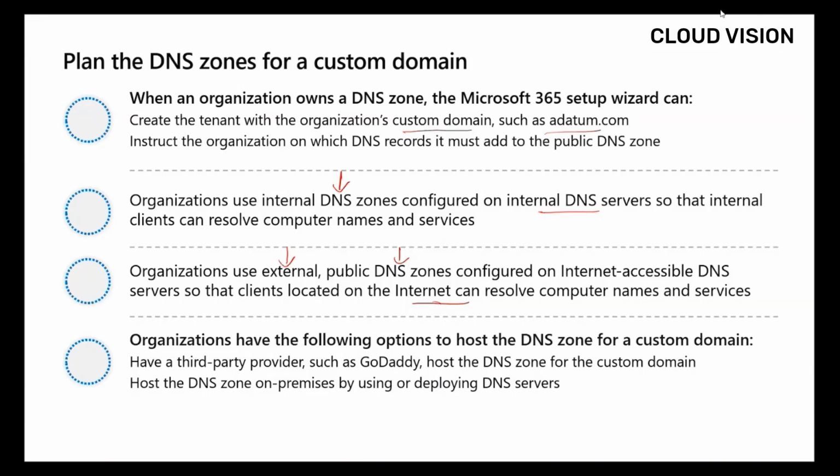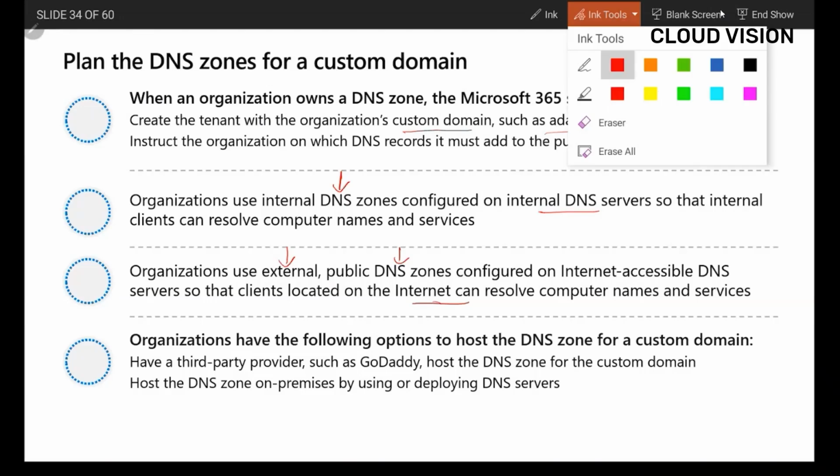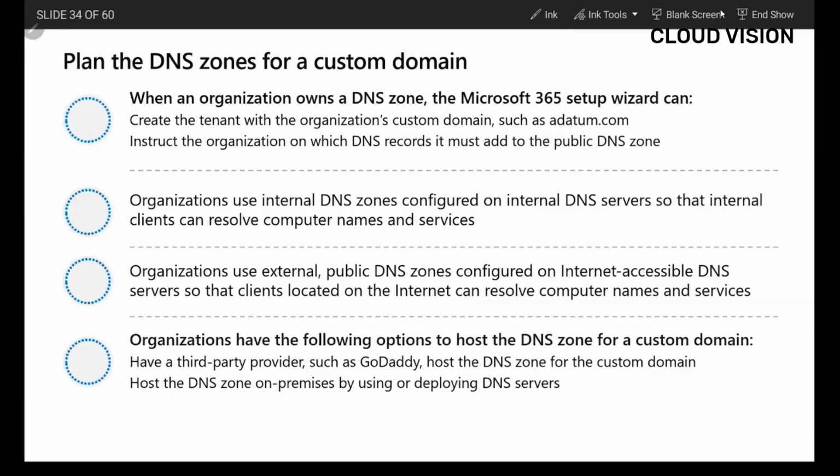You can have a third party provider like GoDaddy host the DNS zone for your custom domain. And you can also host the DNS zone on premise by deploying a DNS server.